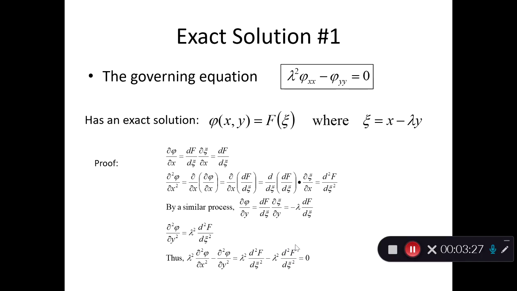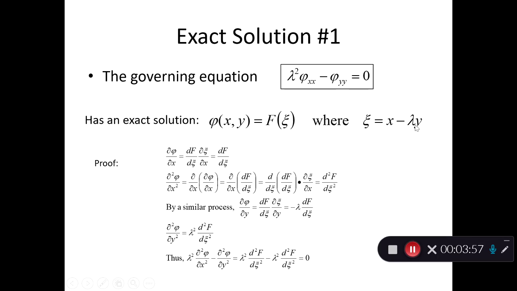The person who looked at this equation for supersonic flow is called Ackeret, A-C-K-E-R-E-T. He started as follows. He said, I'm going to assume a solution of the form phi as a function of x and y could be thought of as a function of a single variable c, where c is a combination of x and y as shown in here. You could later on see that this is a straight line.